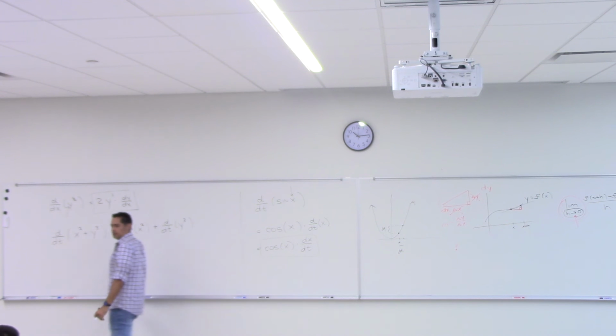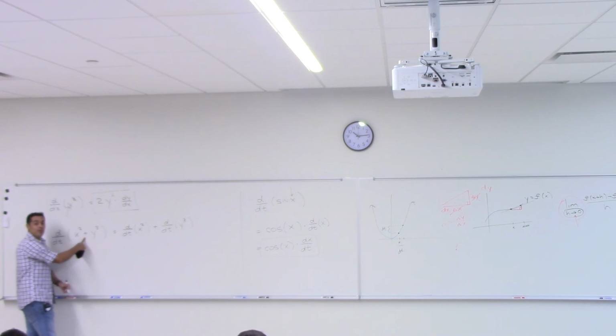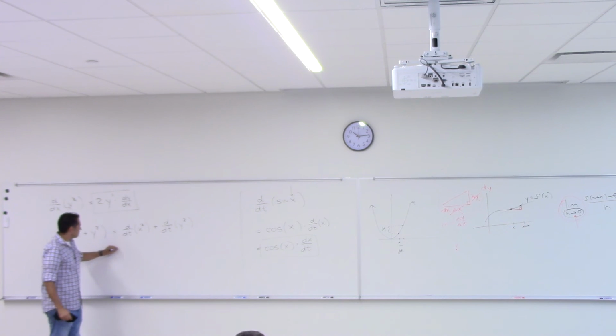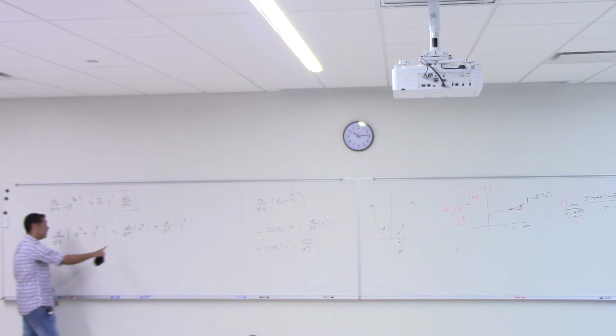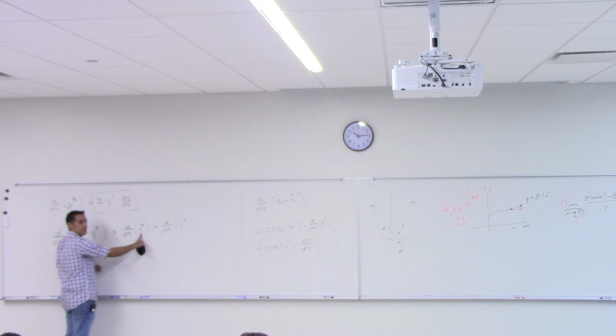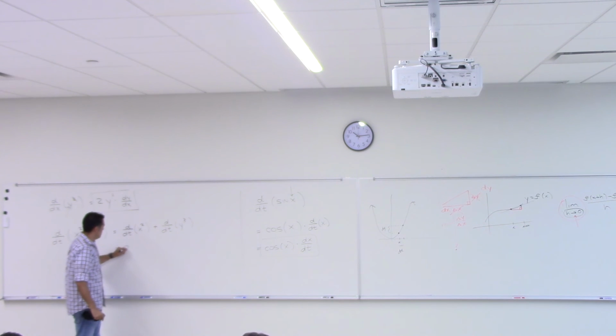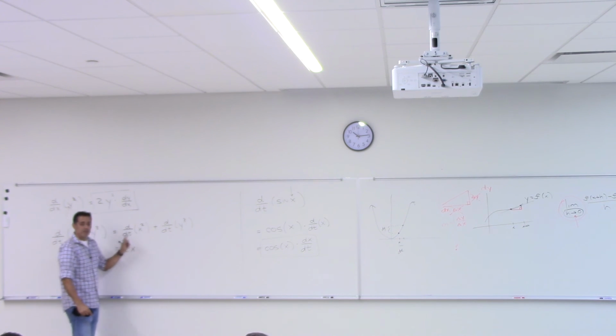If it was multiplication, we'd have to do the product rule. Exactly. We'll do one of those. So what's this derivative going to be? 2x times, what? Yeah, dx over dt.